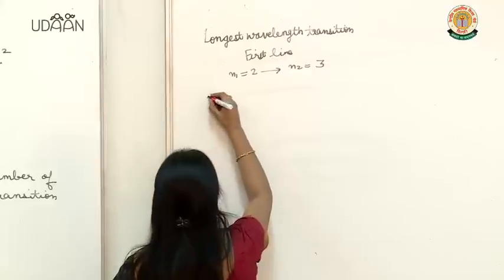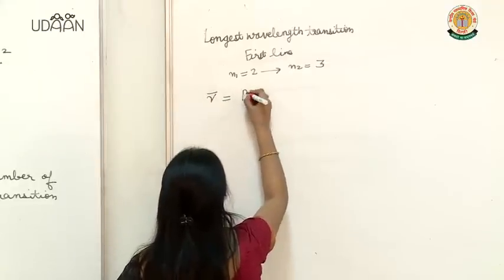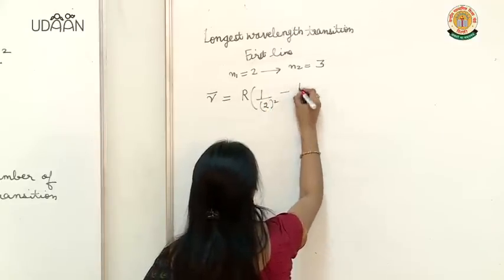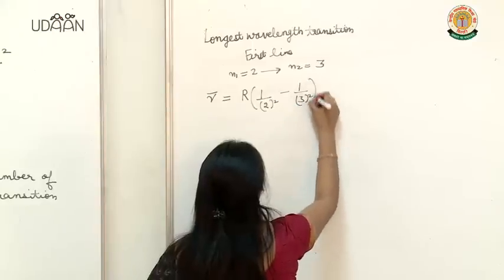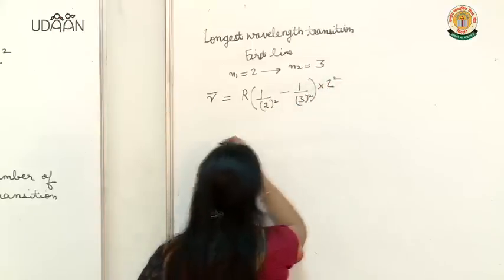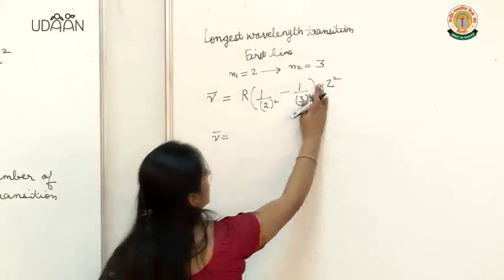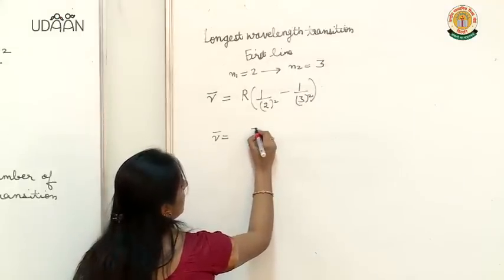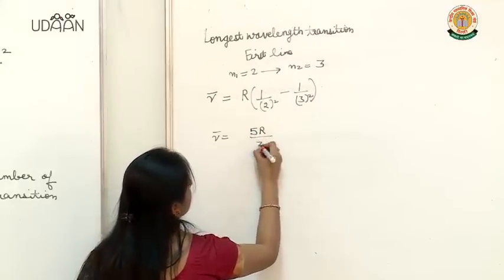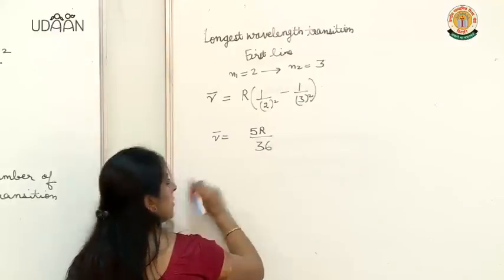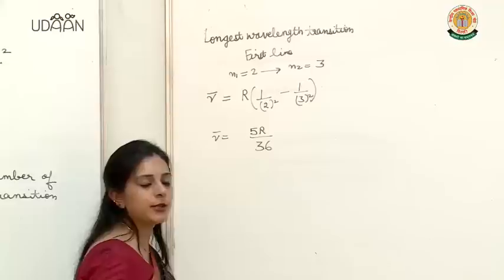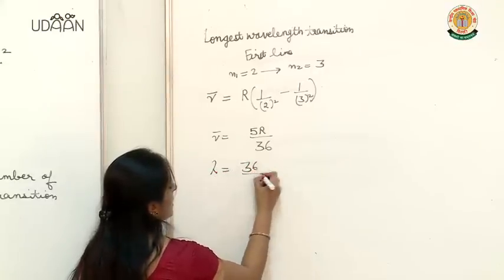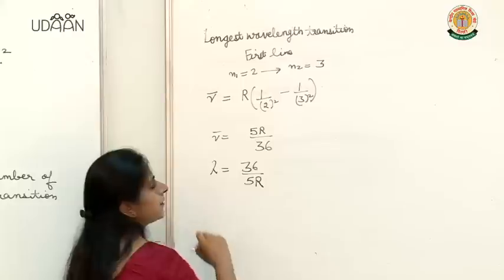So when I substitute, I will get 1 by 2 square minus 1 by 3 square into z square, that is 1. So my answer would be 5r by 36 on substituting the values. And if I have to find out the wavelength, my answer would be 36 by 5r.